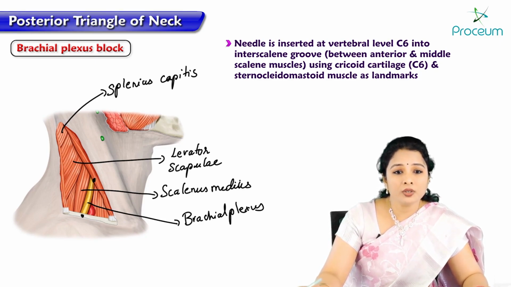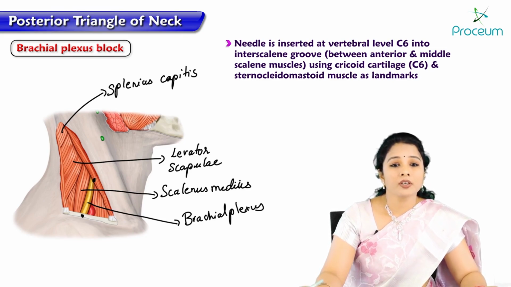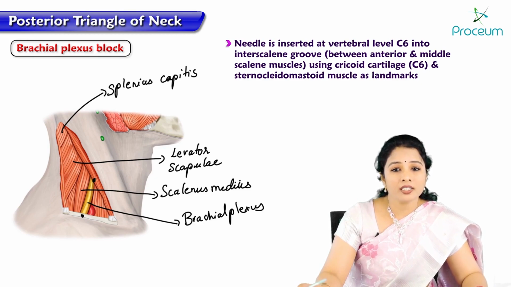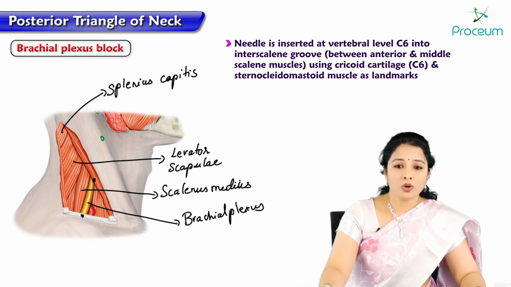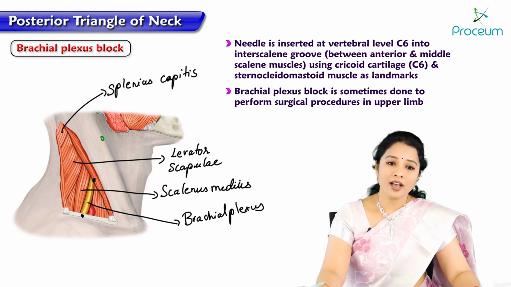The interscalene groove is formed between anterior and middle scalene muscles. So using the cricoid cartilage as a landmark, and also the C6 vertebral level and the sternocleidomastoid, all these 3 things are considered as the landmarks to give brachial plexus block. So brachial plexus block is sometimes done to perform surgical procedures in the upper limb.